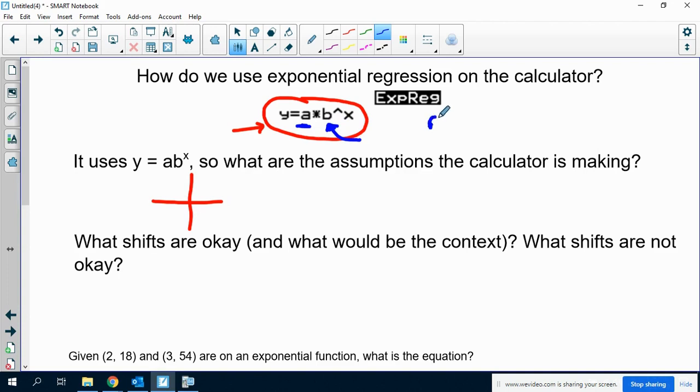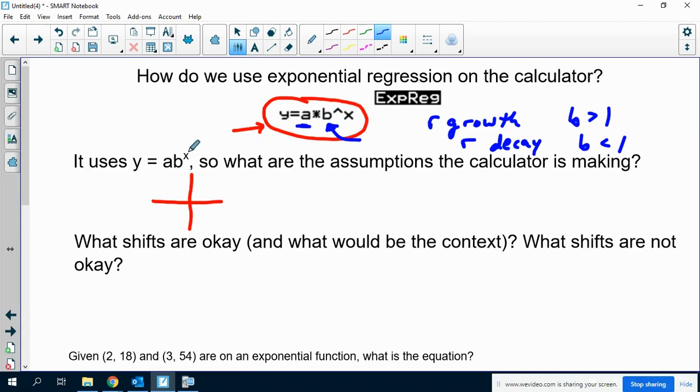So remember, if R is a growth, so R is positive, then B is going to be greater than 1. And if R is a decay, that means B is going to be less than 1. So if our rate is growth, our growth rate will be bigger than 1, and R being a decay means that this B would be less than 1.